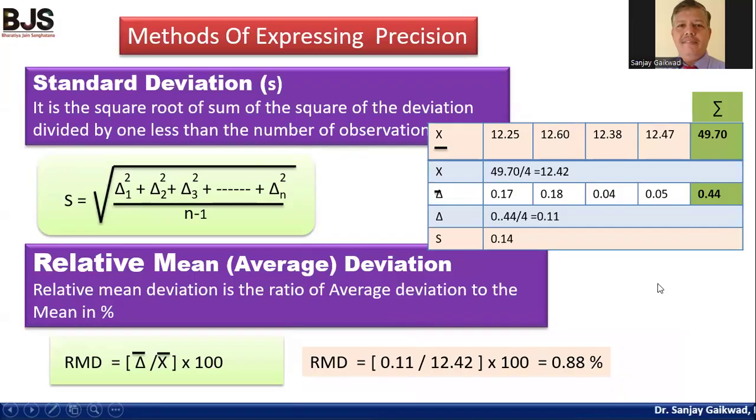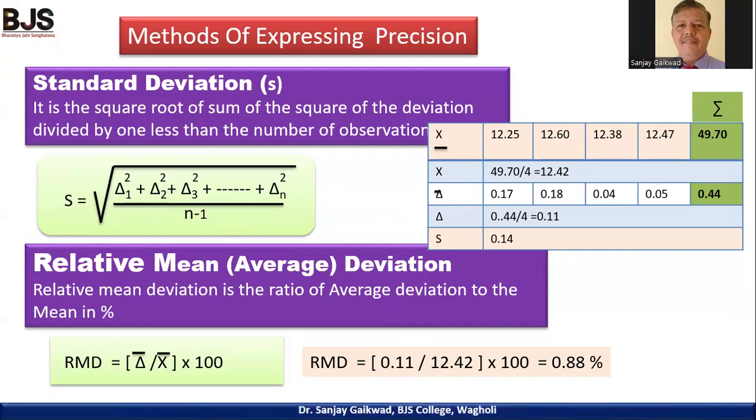Now, standard deviation is the square root of the sum of squares of deviations divided by one less than the number of observations. It is denoted by s, equal to the square root of the sum of the squares of all deviations divided by n minus 1, and from that we can calculate the standard deviation.